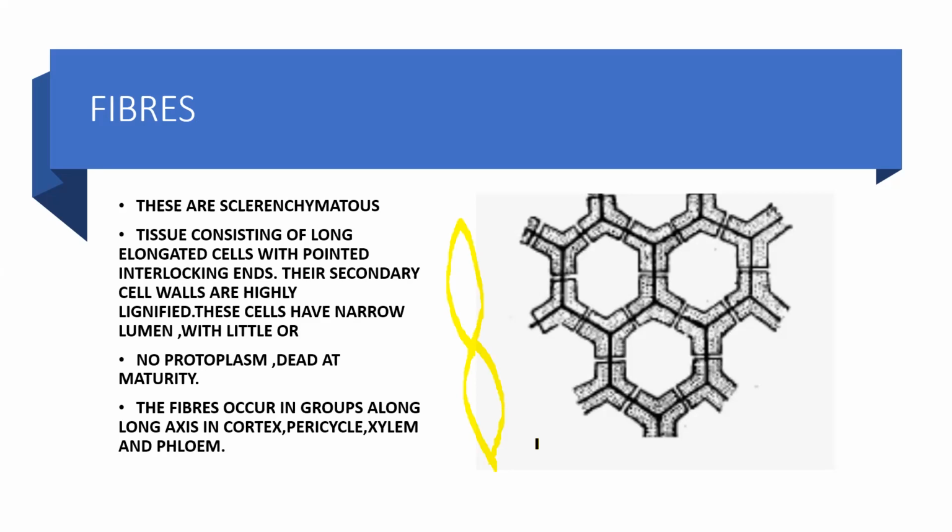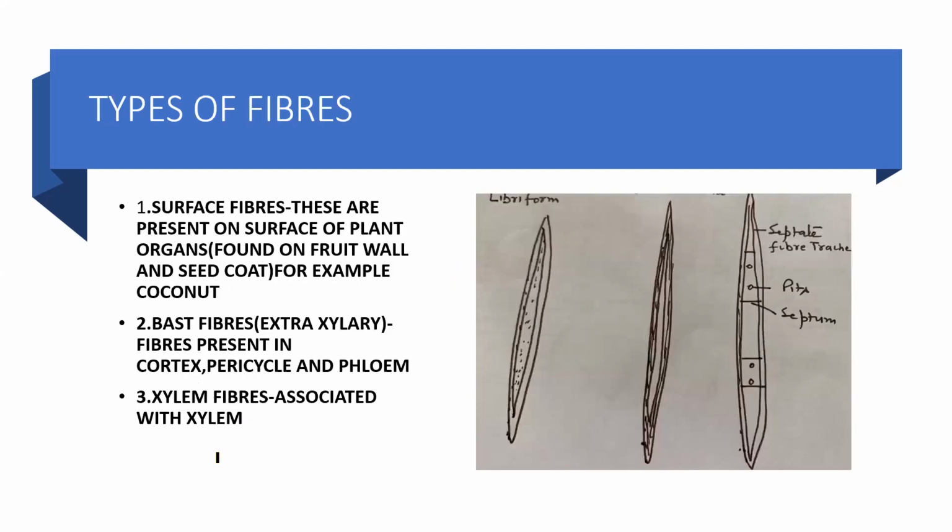They don't have cytoplasm or a nucleus. So fibers are elongated and tapered at the ends. This is the TS of a fiber, and these are the elongated fibers. They may be found in the cortex, pericycle, xylem, and phloem.